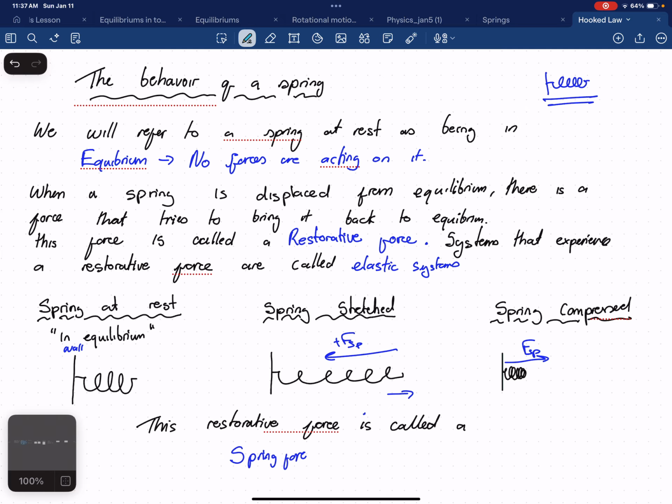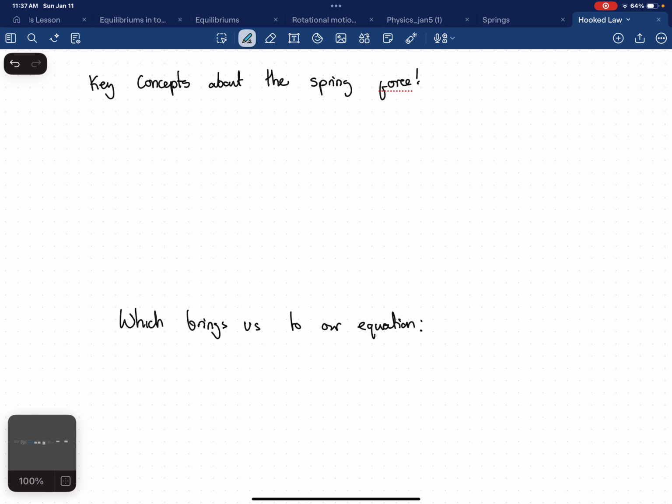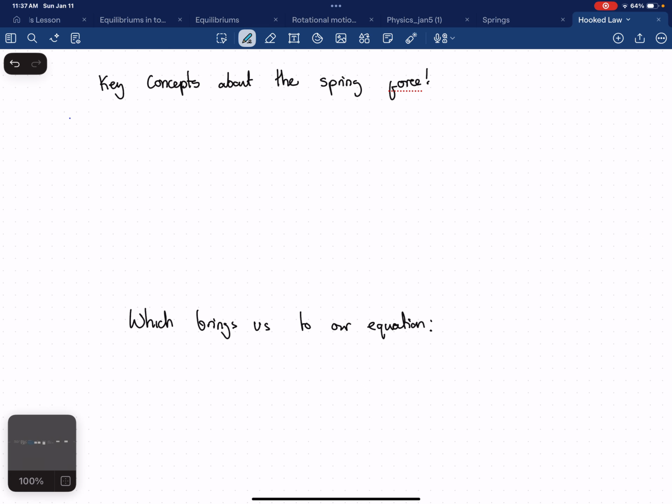So let's figure out more concepts. Some key concepts to know about the spring force: I know this may seem a bit redundant, sorry.